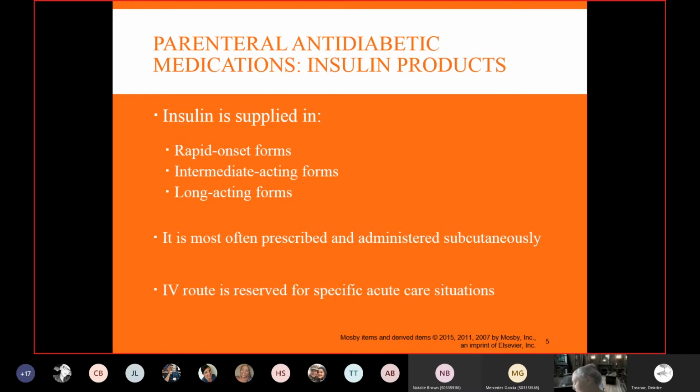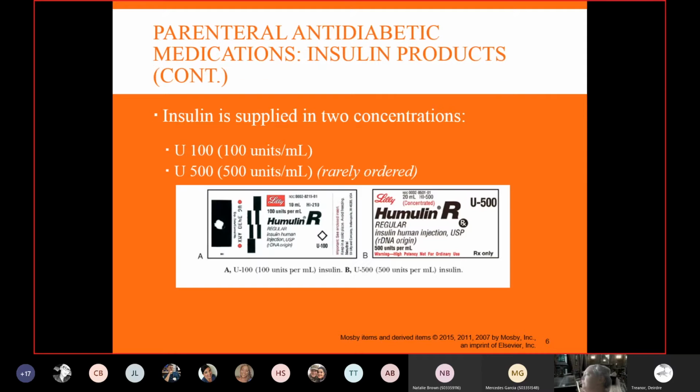It's given when the patient's blood glucose levels are unresponsive to intermediate acting. The long actings are generally given once a day. Sometimes they'll be given twice a day, but definitely most commonly once.